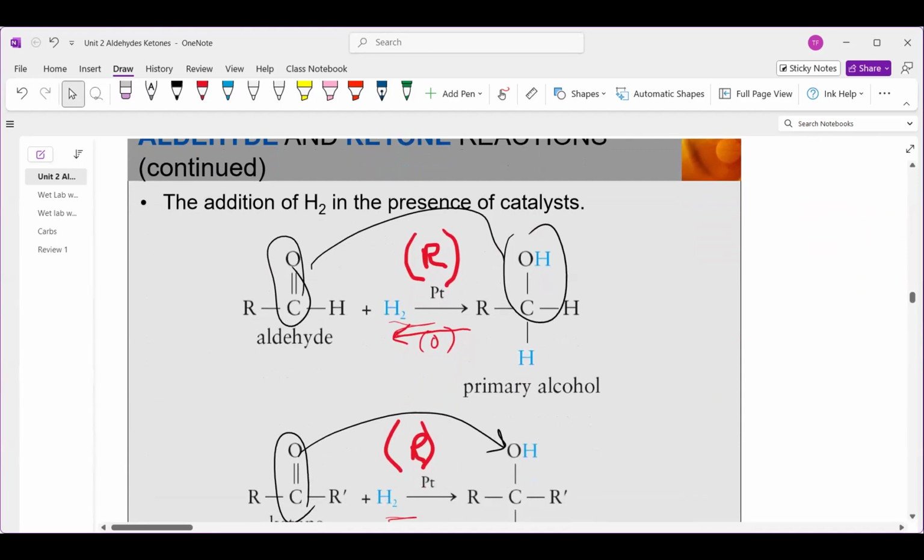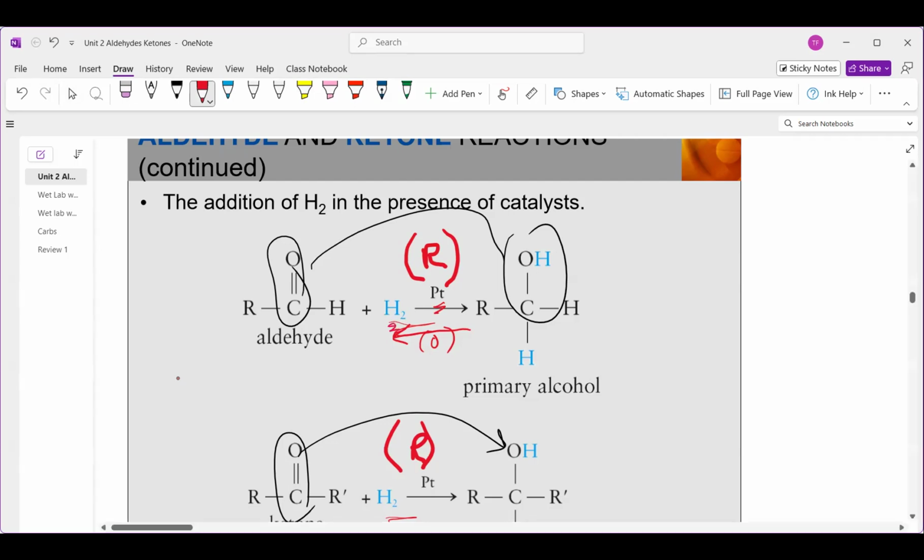Now, to make an aldehyde, we oxidize a primary alcohol. If we want to make a primary alcohol, we then reduce an aldehyde. Remember, reduction is the opposite of oxidation. So we use a catalyst, in this case platinum, and then we are adding some hydrogen in.